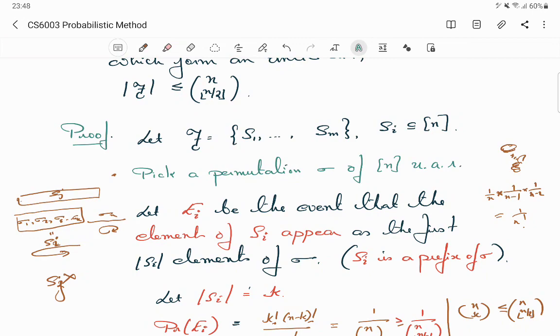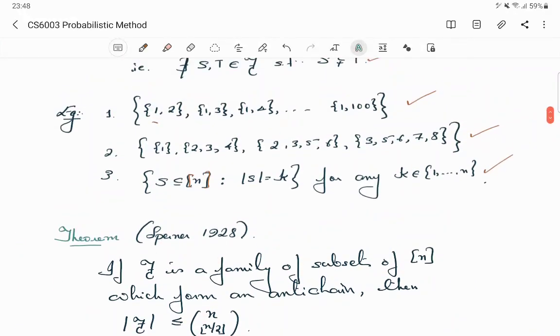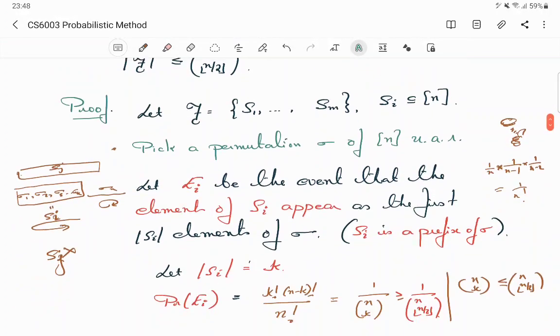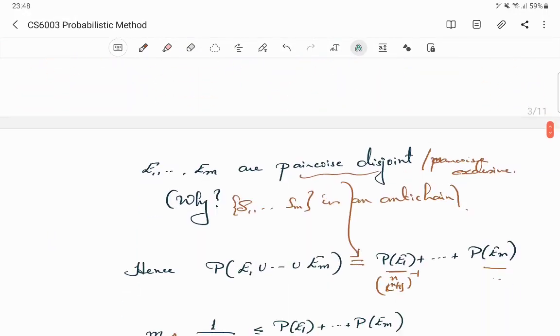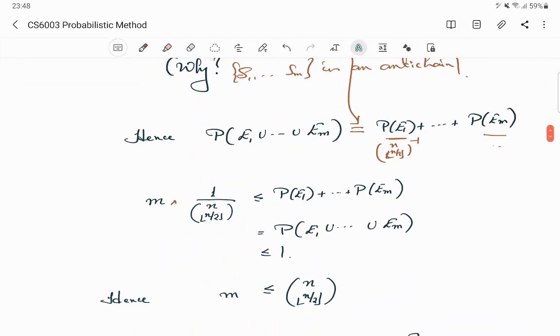That's why I consider this proof a bit more demanding. By the way, the original proof by Sperner did not use the probabilistic method. He used a different proof, but this is from 1928, whereas the probabilistic method started getting applied widely from the 1940s after Erdős and so on.